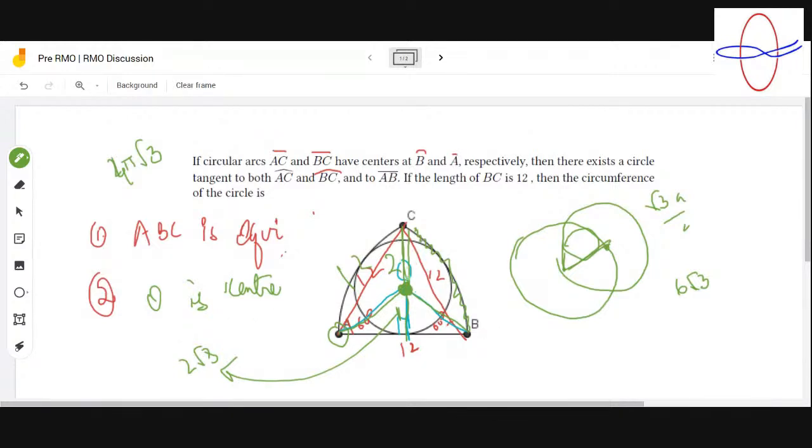Second, we have proved that O is a centroid of this triangle. If O is the centroid, or the center of this triangle, the height is root 3 a by 2 if the side length is a, right? And the centroid divides in 2:1 ratio. Therefore, it's 1 by 3 root 3 a by 2. That is a by 2 root 3. Okay, and a is 12 over here. So therefore, you got the radius over here. Right, Dattatreya?